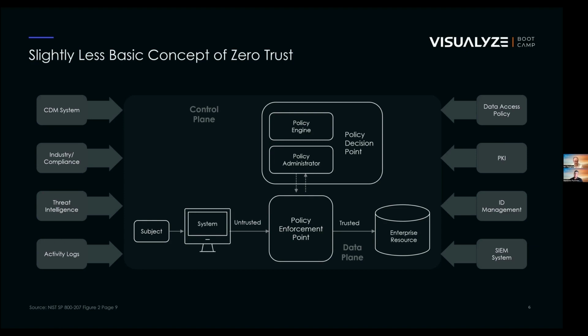Well, bear in mind, NIST SP 800-207 is a US government document, and tends to use US government terminology. So you have CDM. Those in the US government will know exactly what a continuous diagnostics and mitigation system is. But for those outside, it's essentially an environmental monitoring system, looking at the networks, looking at the endpoints, looking at the organization and understanding what it's doing.